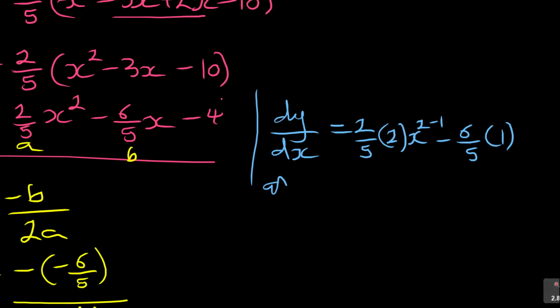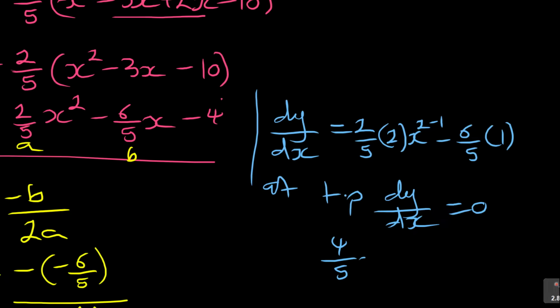Now at TP, dy over dx is equal to 0. So you multiply 2 over 5 times 2, which is 4 over 5 x, minus 6 over 5 is equal to 0.